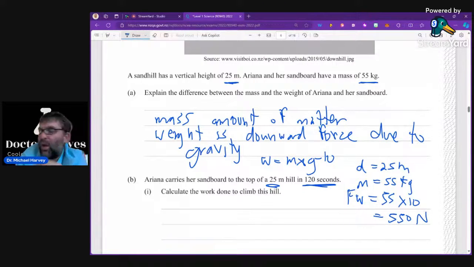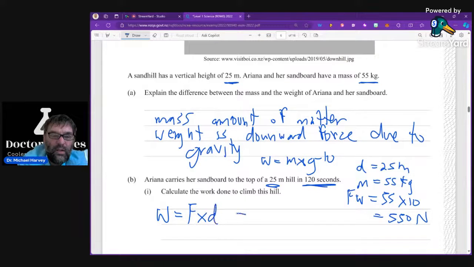Okay, so that means that we go to our equations, and the equation I would choose, because we've got force and we've got distance, is force times distance. And if you plug in the numbers, our force is the weight force, and our distance is 25.